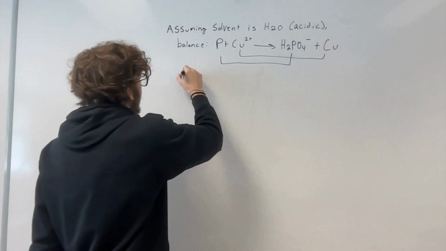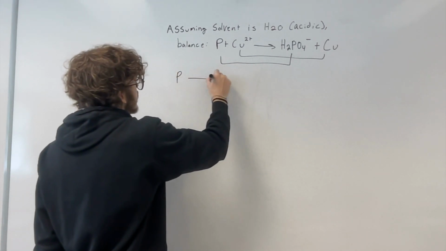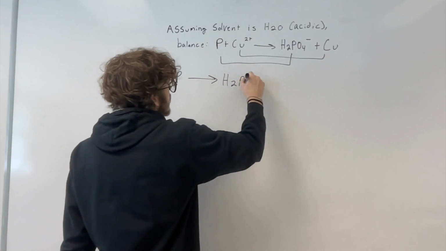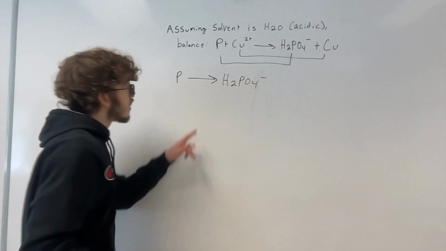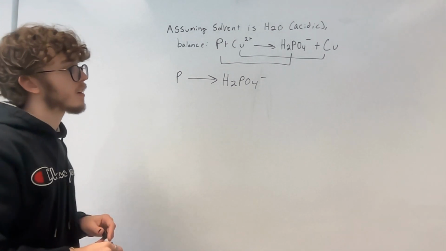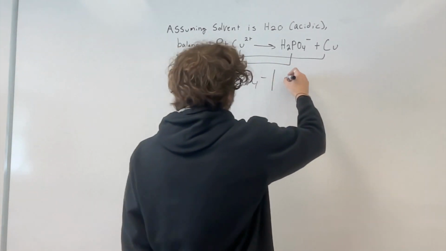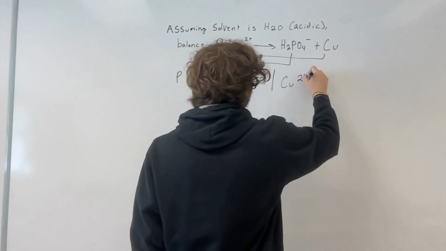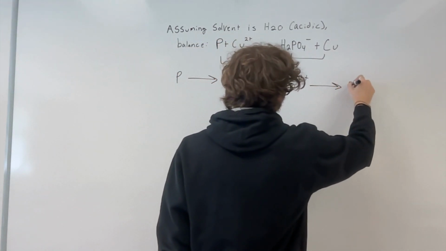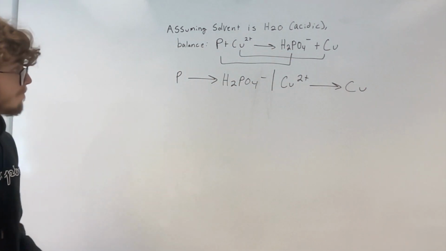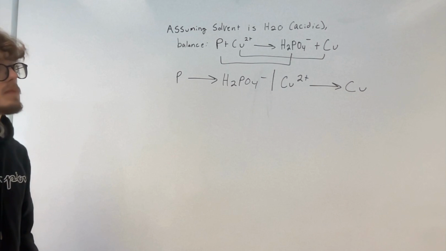So it simply goes phosphorus into H2PO4 minus. This is your first redox half reaction. And then on the other side, you have the copper 2 plus into copper. So we have our two reactions spelled out here.